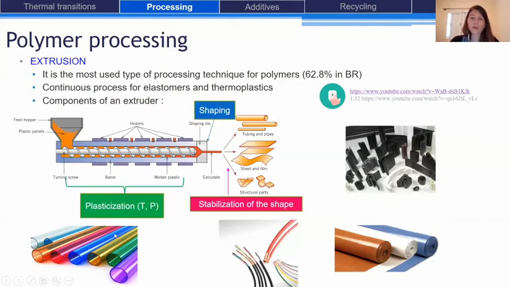So here we find again the three steps necessary to produce this product. Plasticization occurs in the screw. The shape is given by the die, and stabilization of the shape occurs on the product once it exits the die.